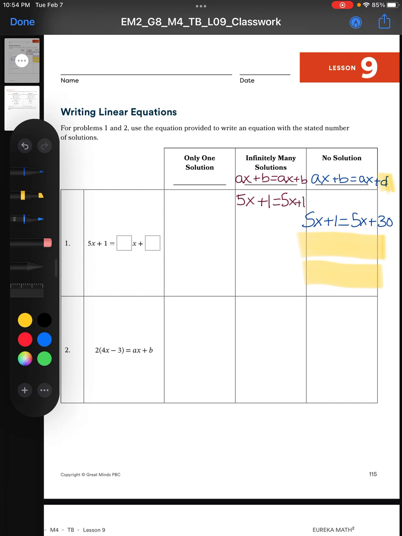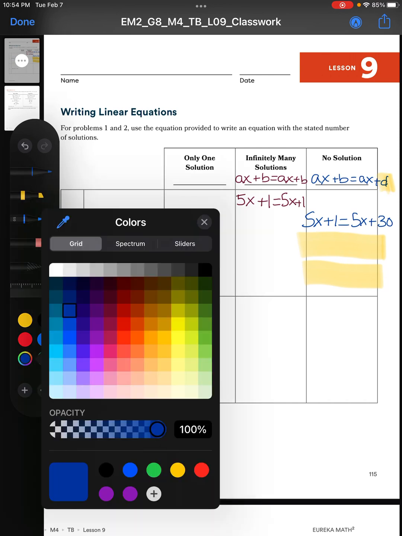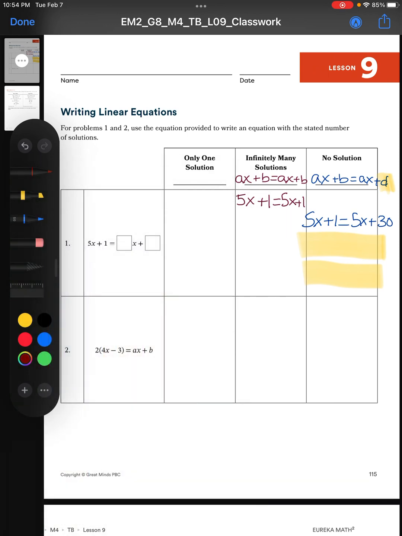Lastly, the one we haven't talked about yet is an equation that has one solution. Well, we've said we combine like terms, we use the distributive property, we do all of those things, and then we start solving. But what is going to give us that hint that tells us there is going to be only one solution?